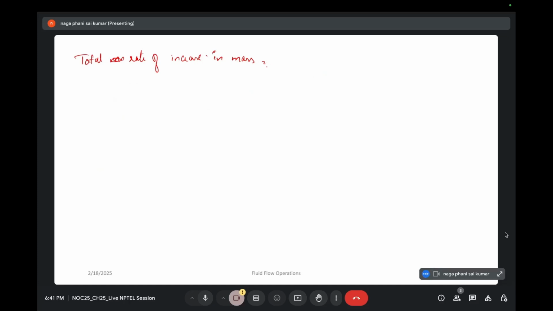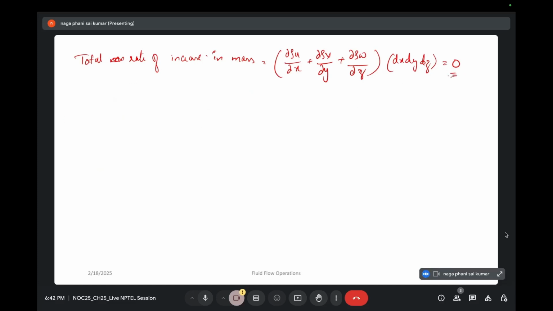So if you add them and take out the common variables, we will be having [∂(rho u)/∂x + ∂(rho v)/∂y + ∂(rho w)/∂z] into dx, dy and dz, which is equal to 0. Okay. So now from law of conservation of mass, total rate of increase in mass should always be 0, right? Okay. So that is why we are equating it to 0.